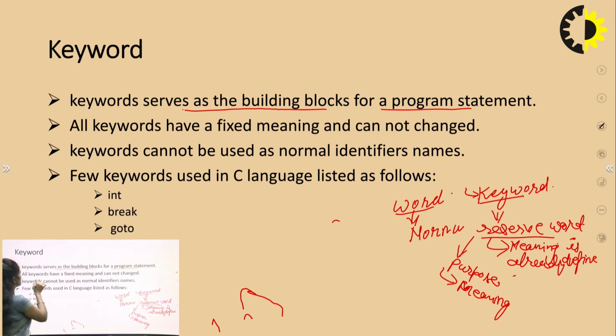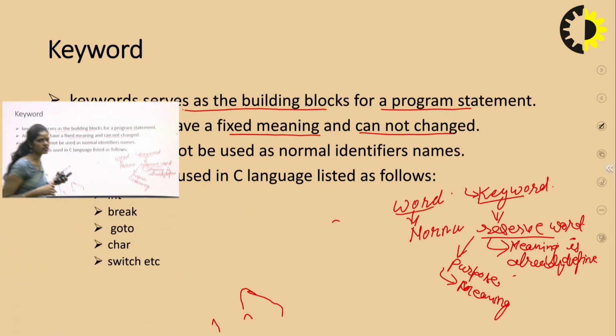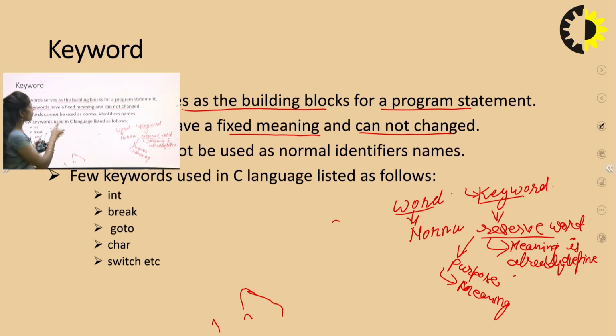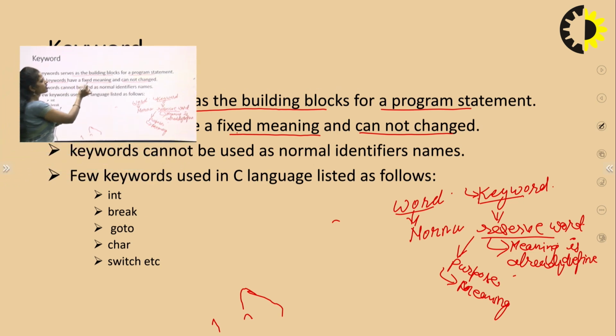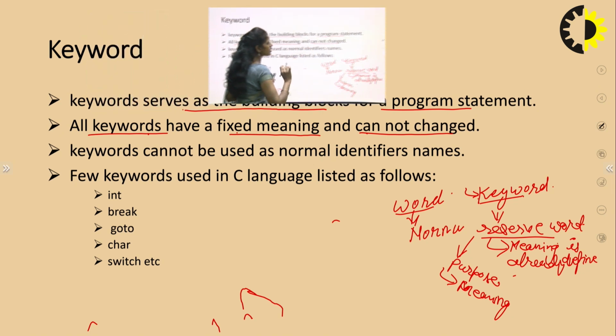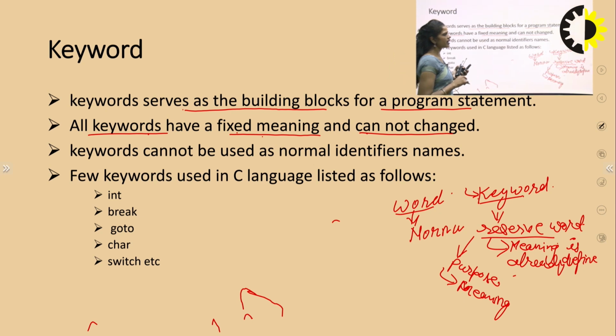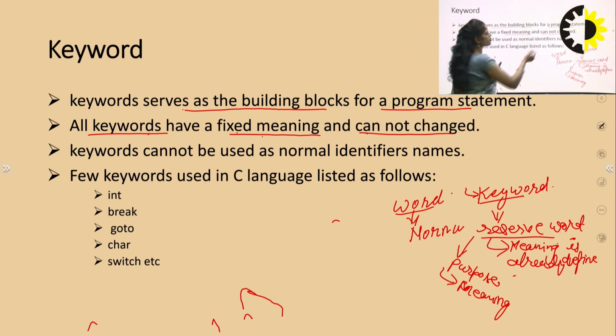As we see in the definition, all keywords have a fixed meaning which cannot be changed. The meaning is specified by the system programmer at the time of designing, and we cannot use keywords for other purposes.